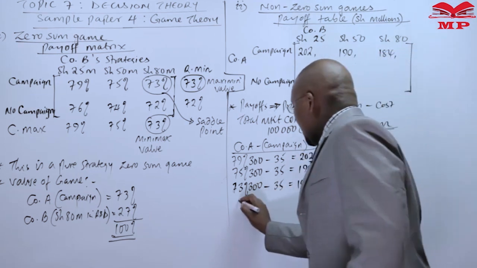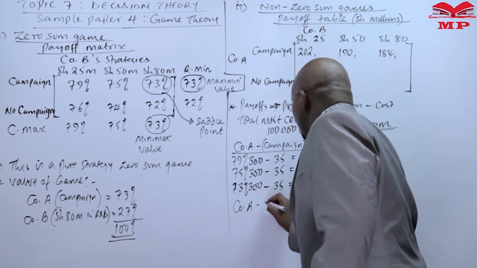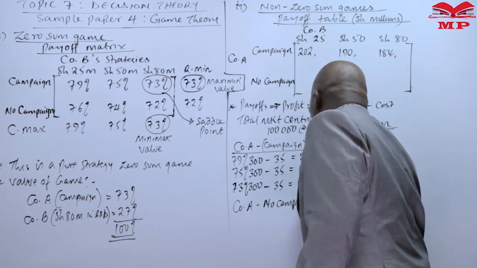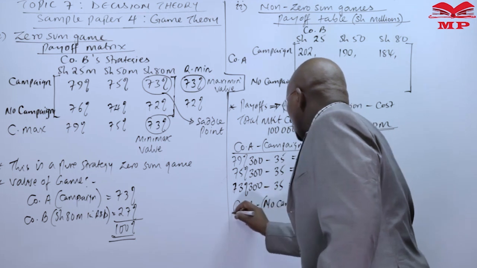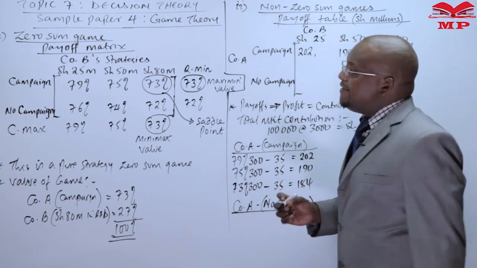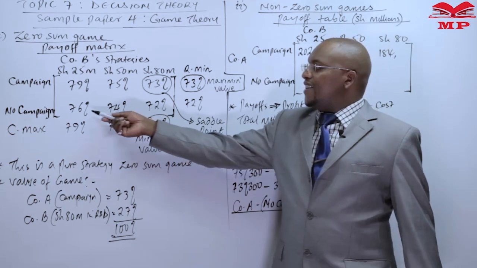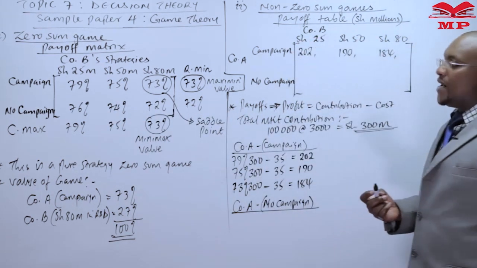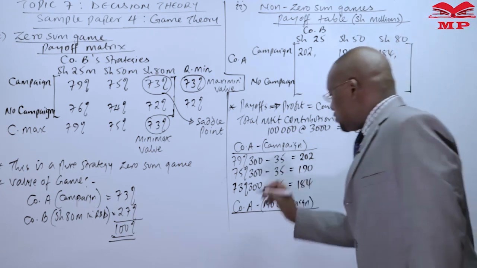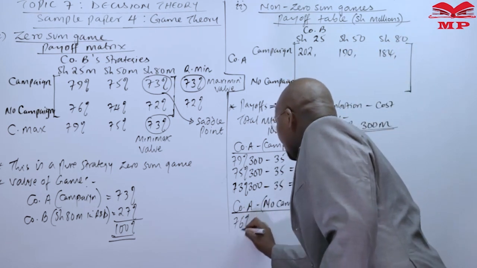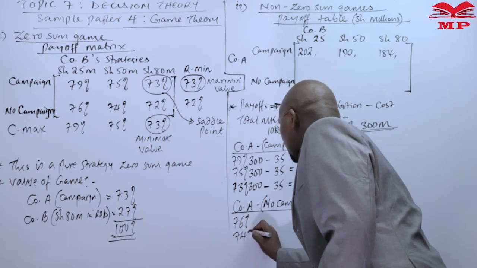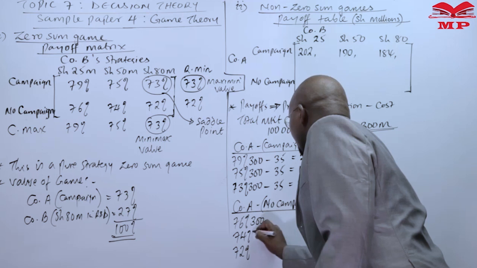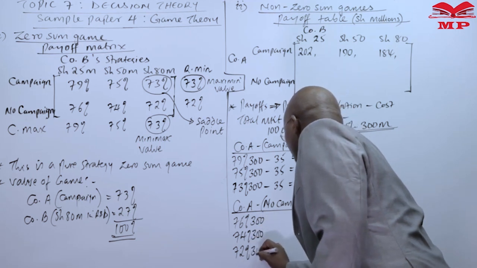Then we have company A with the no campaign strategy. So what will happen? Now if company A doesn't conduct any campaign, their payoffs are going to be 76%, 74% or 72% of 300, 300, 300.